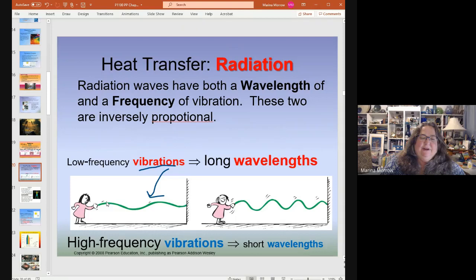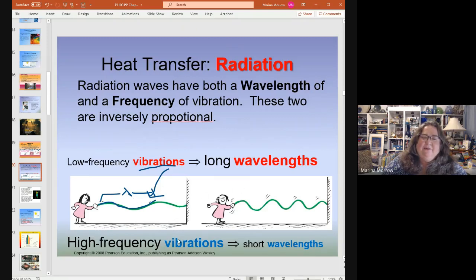A wavelength is one complete wave. The symbol lambda is used for wavelength. We'll actually be using it in the sound chapter, chapter 20. Lambda looks like an upside down Y.